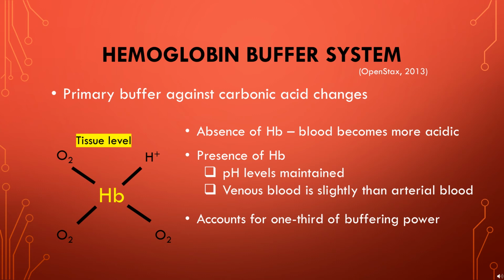With an amazing buffering capacity, the hemoglobin buffer system maintains pH levels, causing the venous blood to only be slightly more acidic than arterial blood despite the large volume of hydrogen ions. This reaction is reversed at the lungs, causing the exhalation of carbon dioxide from the body.